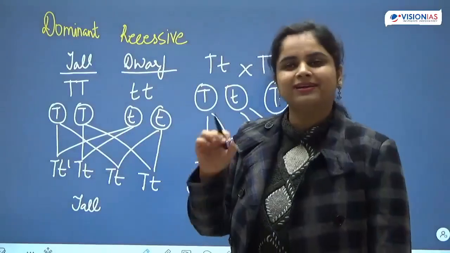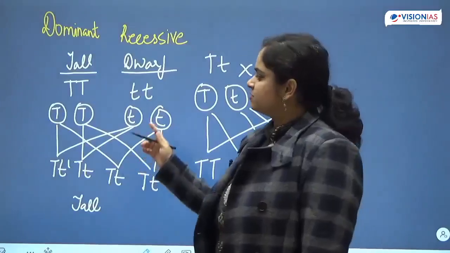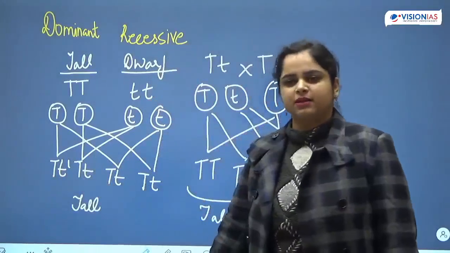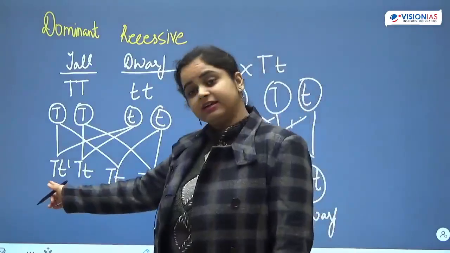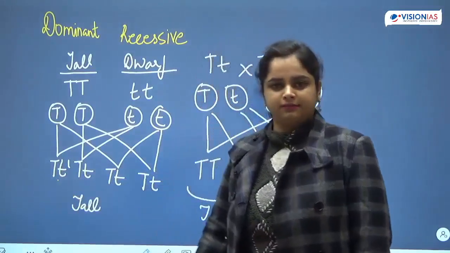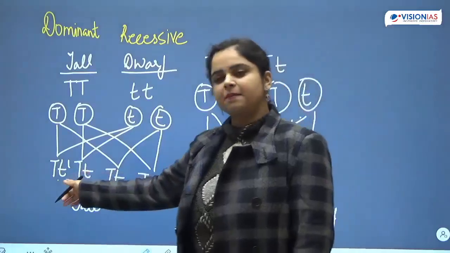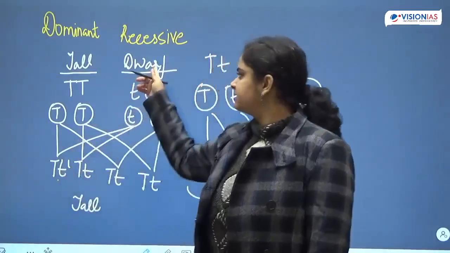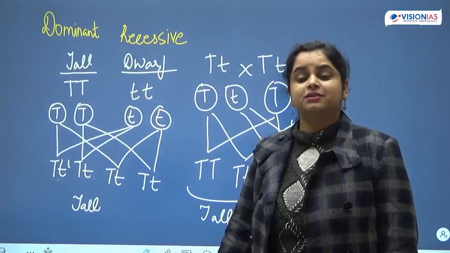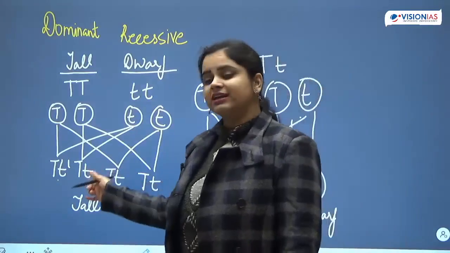The dominant character will express itself even when the recessive one is present. So capital T here overrides the effect of small t. Small t यहाँ पे present है. Small t is the gene for dwarfness. Okay, that is present, but it does not express itself.